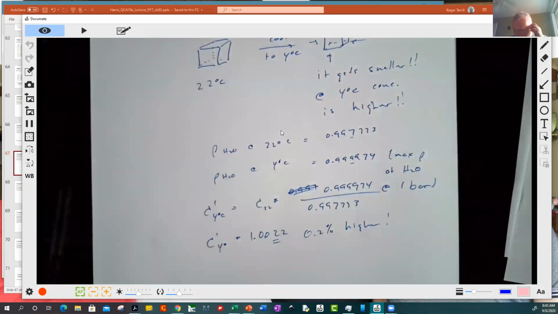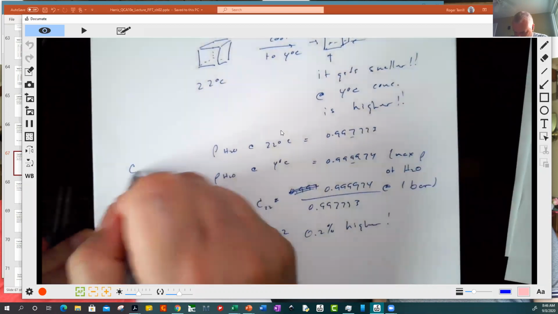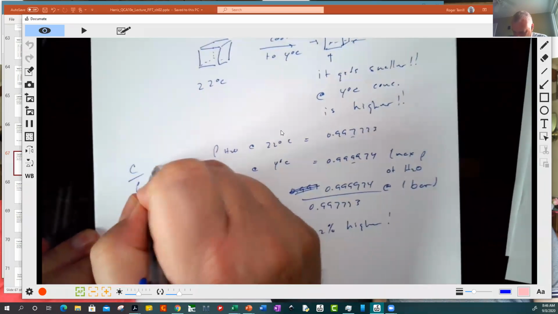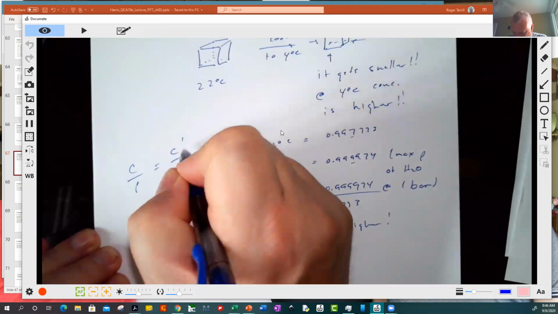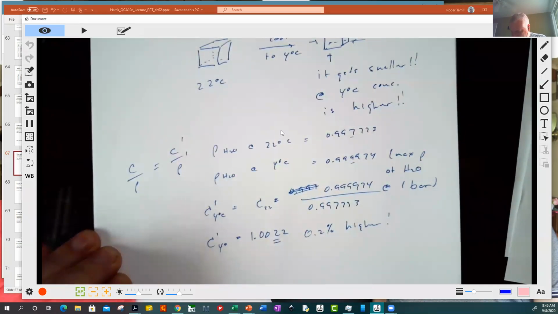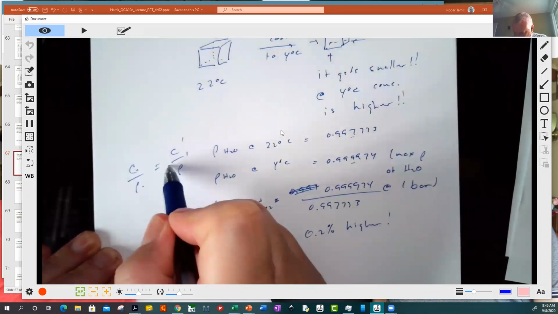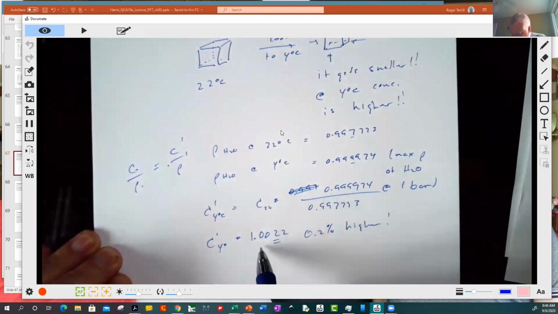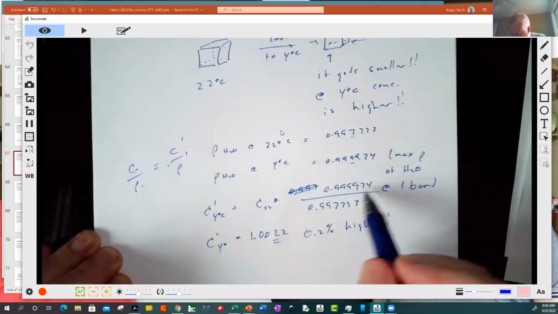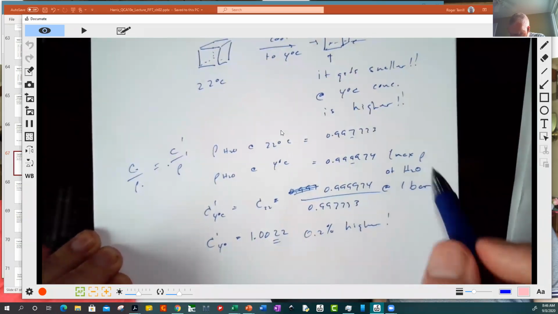So that's how to do that calculation. Just remember that C over rho equals C over rho. So if this is 4 degrees, then we just take the rho value for 4 degrees, and we multiply it through here.